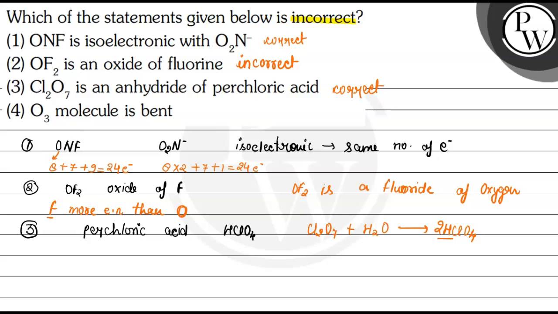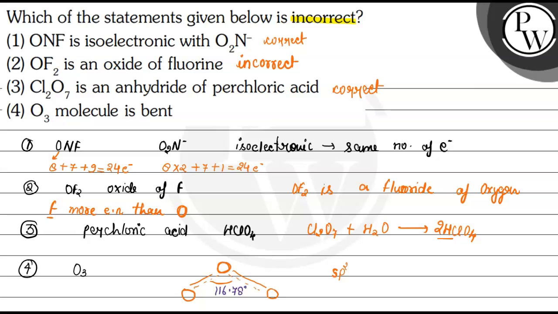Now the fourth option is: O3 molecule is bent. If we see the structure of O3, it has a structure like this. Here the hybridization is sp2, and the bond angle is 116.78 degrees.